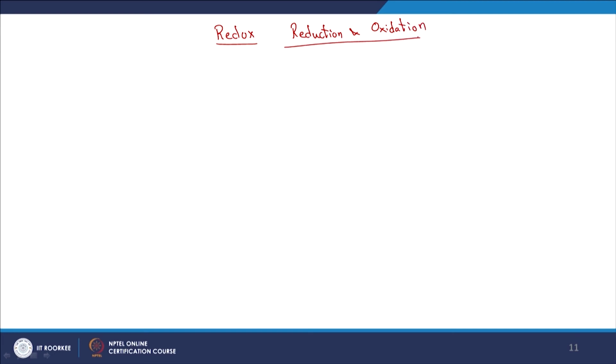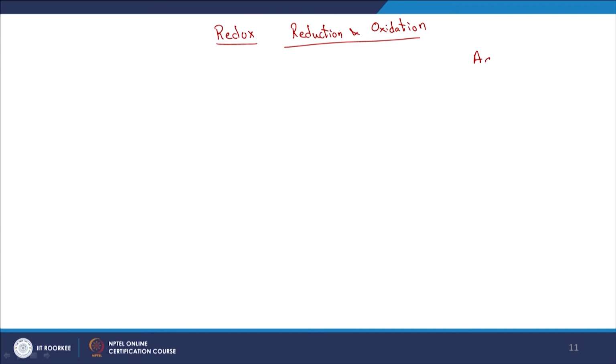Let us try to summarize what we have been up to until now. Initially we looked at the basics for any chemical process, that would be equilibrium, as in how far the system can go under a specified set of conditions, and kinetics, as in how fast the system will go. In that aspect we looked at 3 major topics until now: acids and bases, aqueous complexes, and precipitation and dissolution.